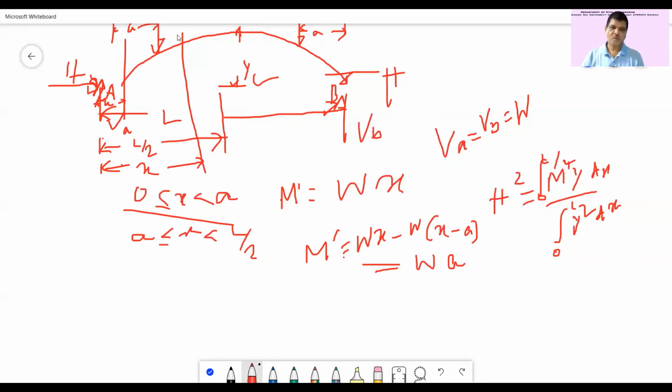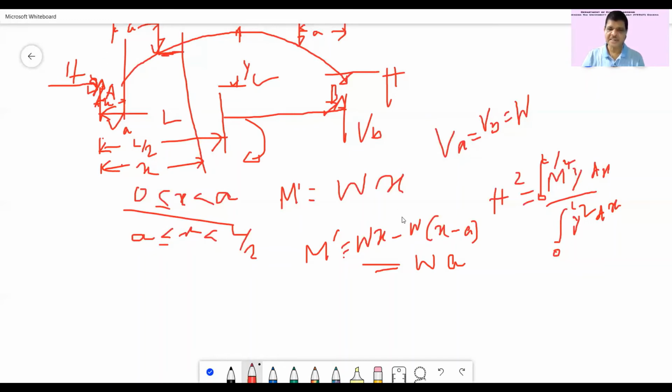That means what is the moment at this section? This reaction multiplied by the distance x gives a clockwise moment, and then W into this distance. This distance is equal to the total distance minus a.